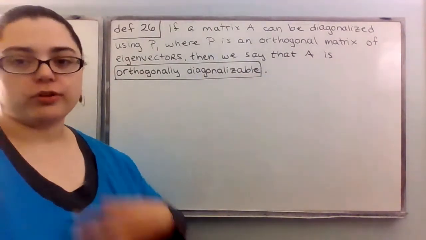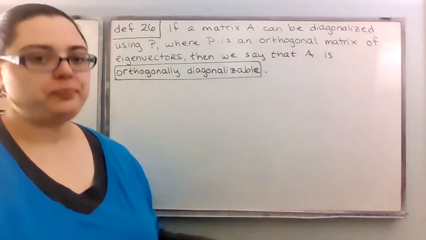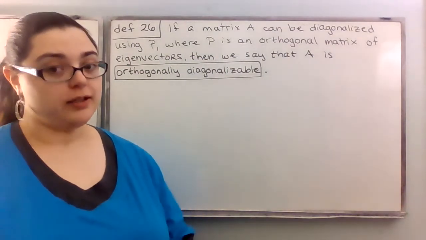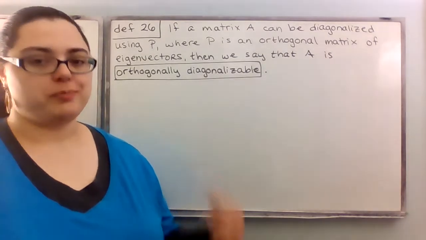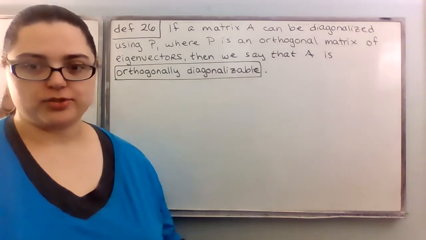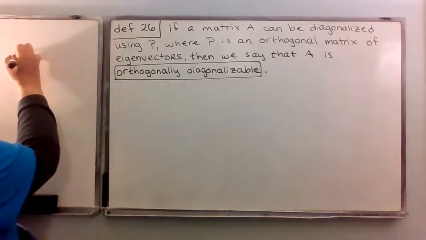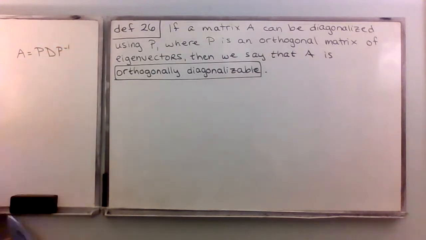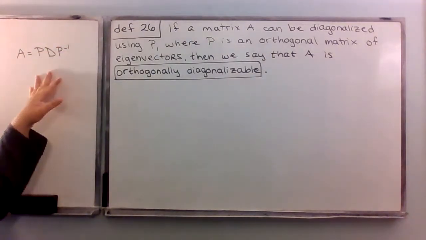In other words, in order just to be diagonalizable, that means that you have to find an invertible matrix P so that A is equal to P D P inverse, where D is a diagonal matrix. So this is what we used in order to diagonalize a matrix.